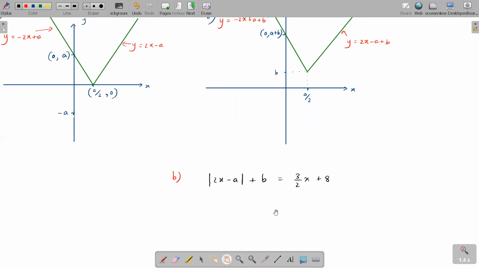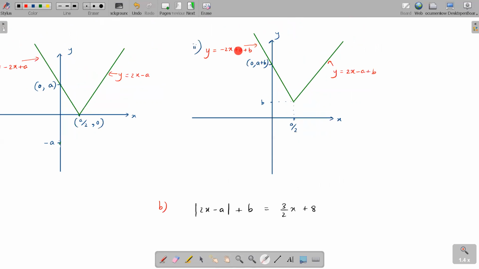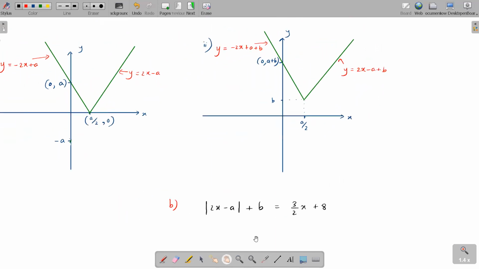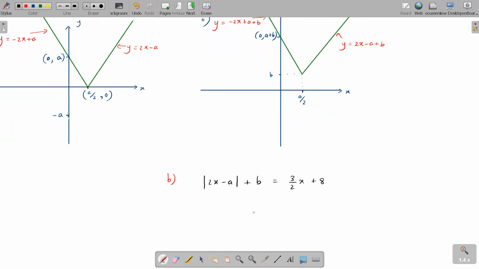They say the modulus 2x minus a plus b is the graph that we have drawn in this Roman number 2 here. Then 3 over 2x plus 8 is completely another graph. When you equate these, you are equating two graphs, in the sense that it's the place where the two graphs are meeting. So you are trying to solve for the intersecting point of two graphs. The modulus 2x minus a plus b graph has already been drawn. So now I have to draw y equals 3 over 2x plus 8.